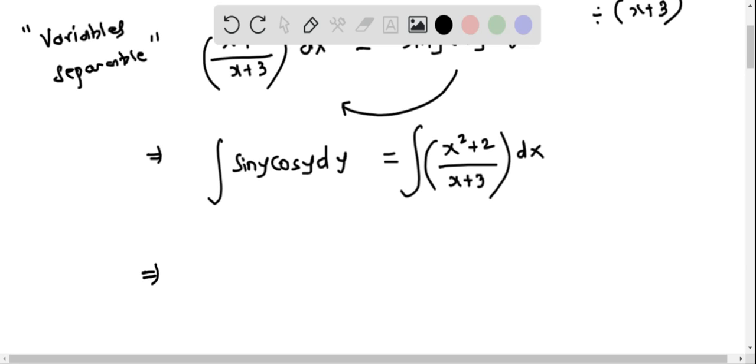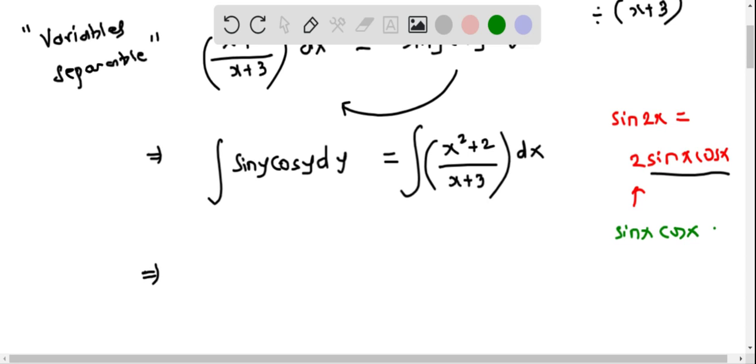To integrate the left side, I'm going to use a trigonometric identity. We know the double angle identity: sine of 2x is equal to 2 sine x cos x. Dividing both sides by 2, sine x cos x is equal to sine of 2x divided by 2.